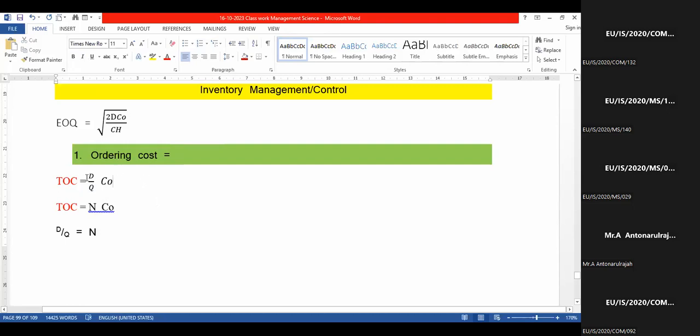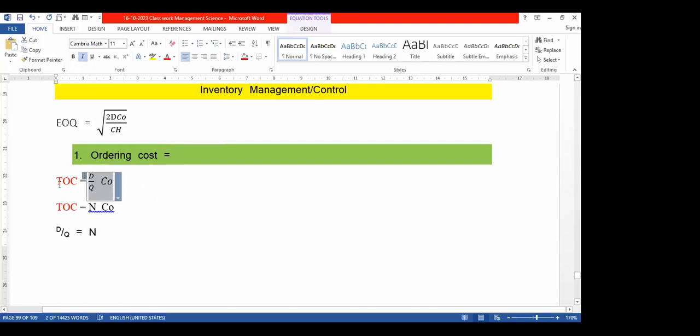So three parameters, three variables, three figures are involved in this total ordering cost calculation. Total ordering cost is equal to D over Q times CO, where D is annual demand, Q is EOQ, and CO is the cost per order, right?